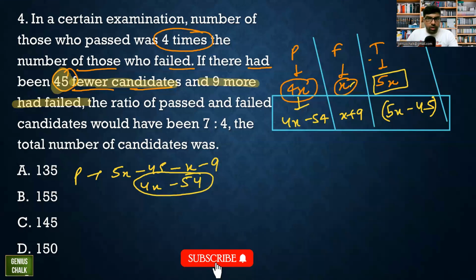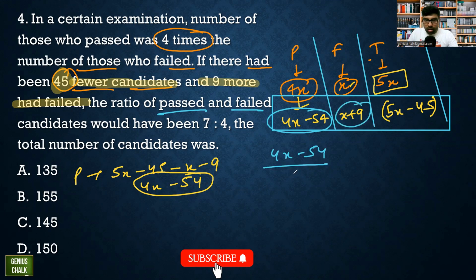So what is it? The ratio of passed and failed. What is passed? This one. So 4x minus 54 by failed, which is x plus 9, is 7:4. So we can directly multiply it. Now verbally, see, 7x and 63.